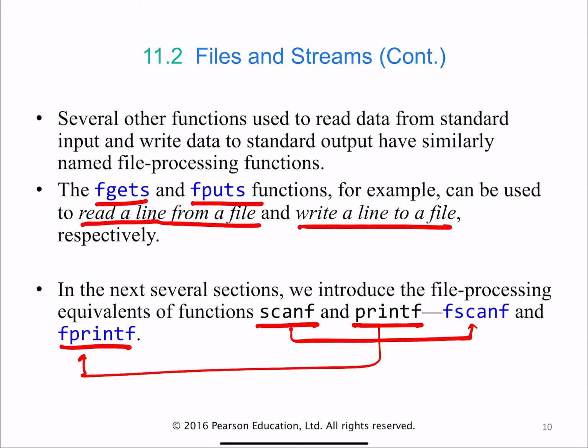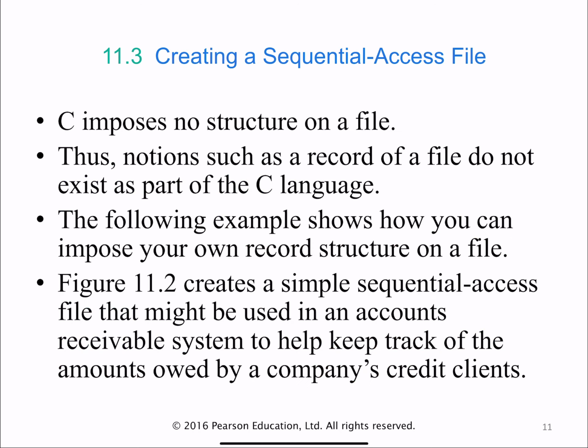They work exactly the same way, with the addition of taking a file pointer as an additional argument. Remember, scanf takes its input from standard input, and printf prints the formatted output to standard output. So the file pointers are implicit in those functions.